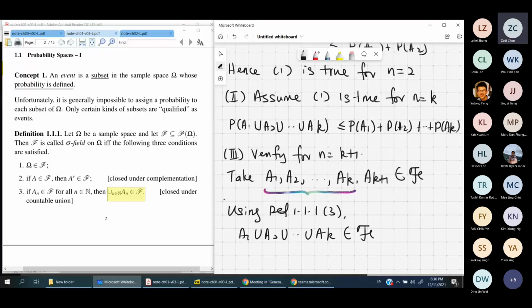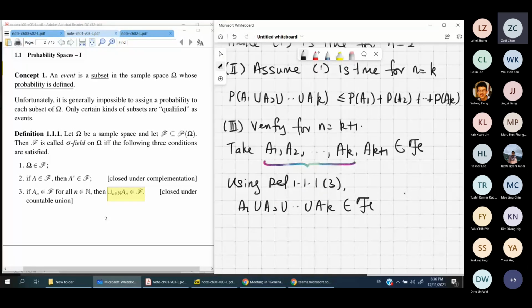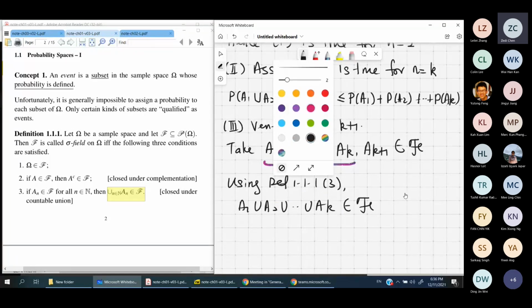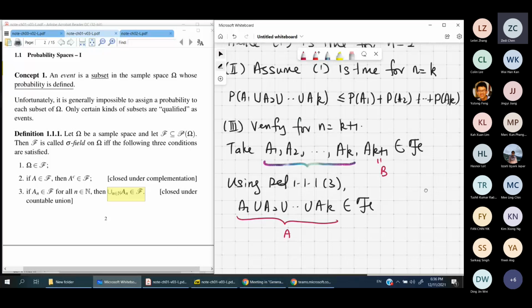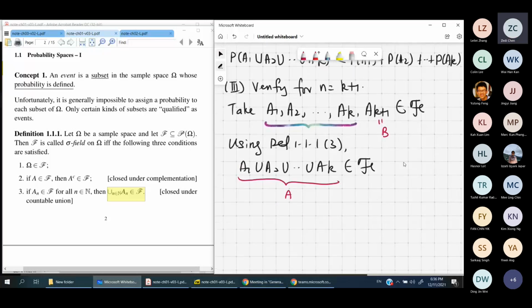So that means now we can assume this is our B, and this is our A. Then you can apply the formula in tutorial 1, question 9.